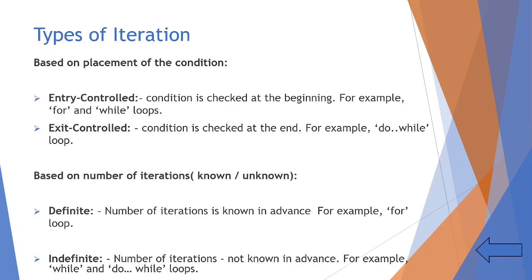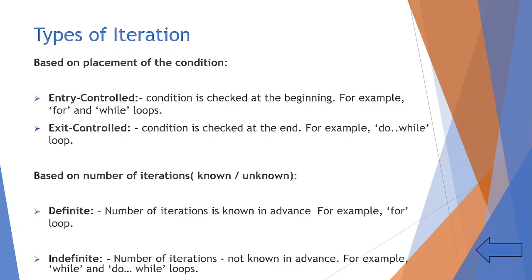For example, for and while. We have seen for also has the condition at the beginning. While also has the condition at the beginning. Entry controlled means the body of the loop may get executed 0 or more times. Why 0? If the condition is not correct the first time, then 0 times.